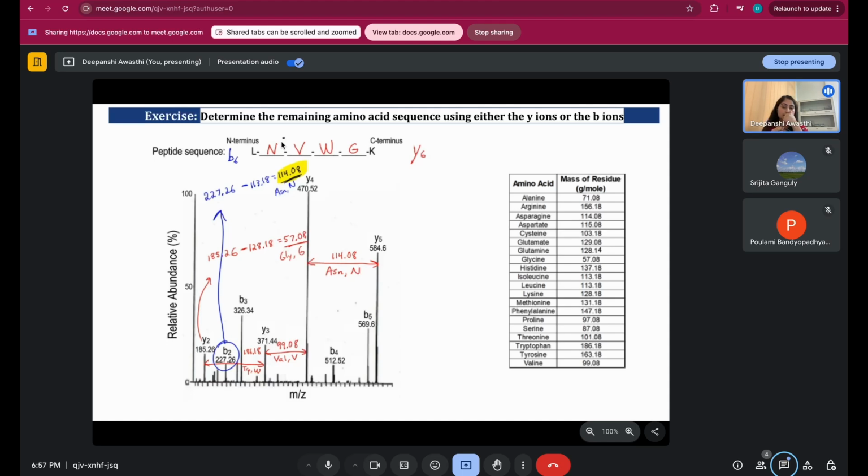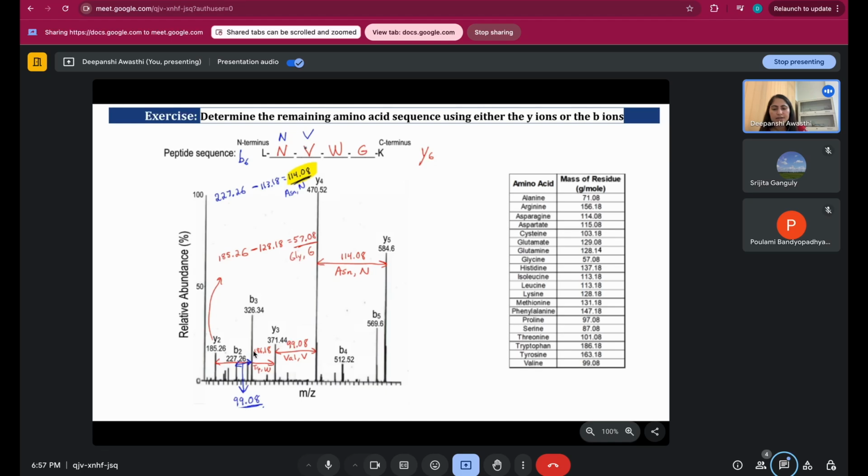In this case I have already written it because we analyzed from Y6. So in this way it will correspond to N. Similarly we will compare B2 and B3. We subtract these mass to charge ratios and we get 99.08, which corresponds to valine. So in the third position we get valine.